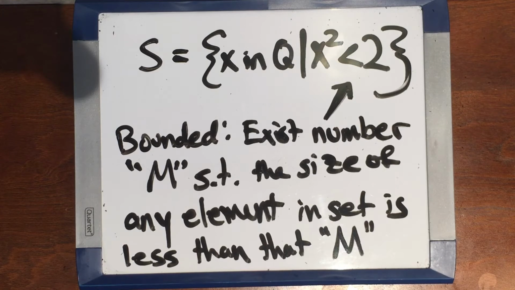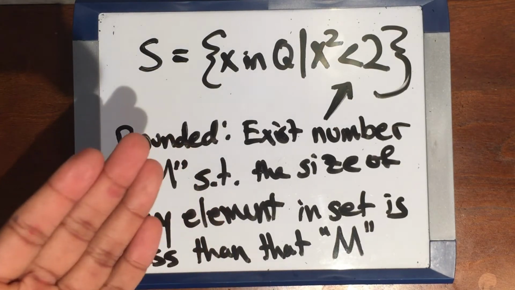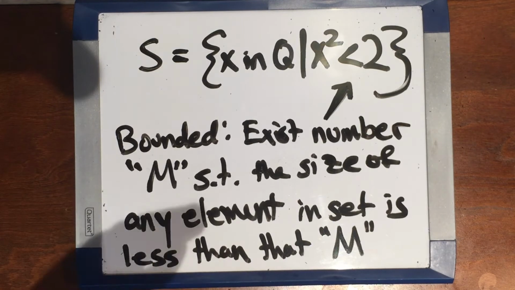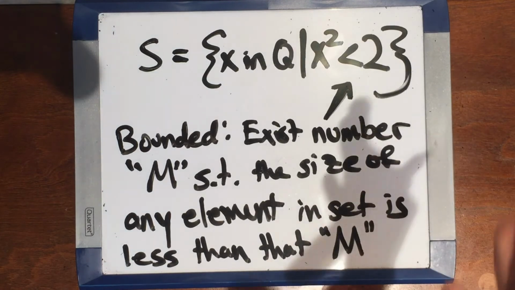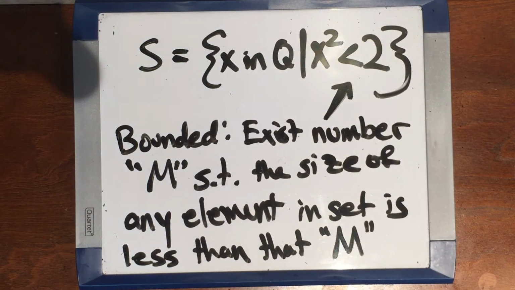Therefore, there cannot exist a lowest rational number that is greater than all of the numbers in the set and is the least upper bound, because you will always find an upper bound that is smaller than your original number.